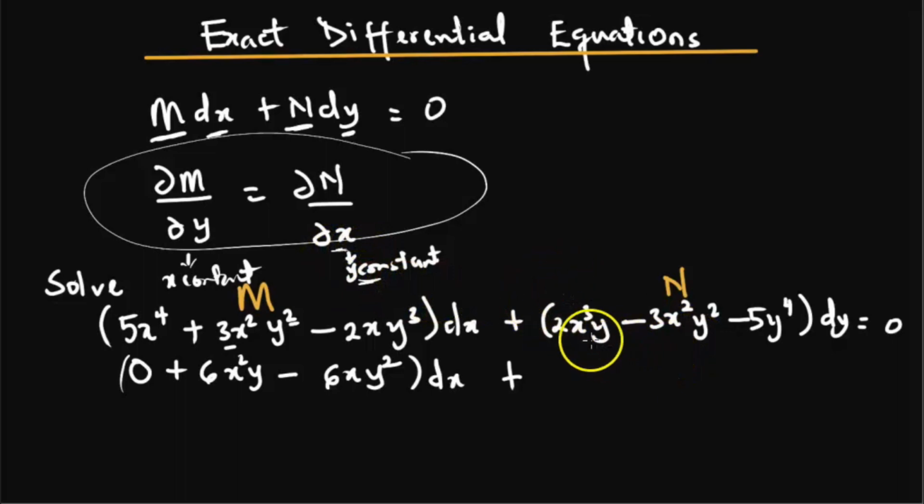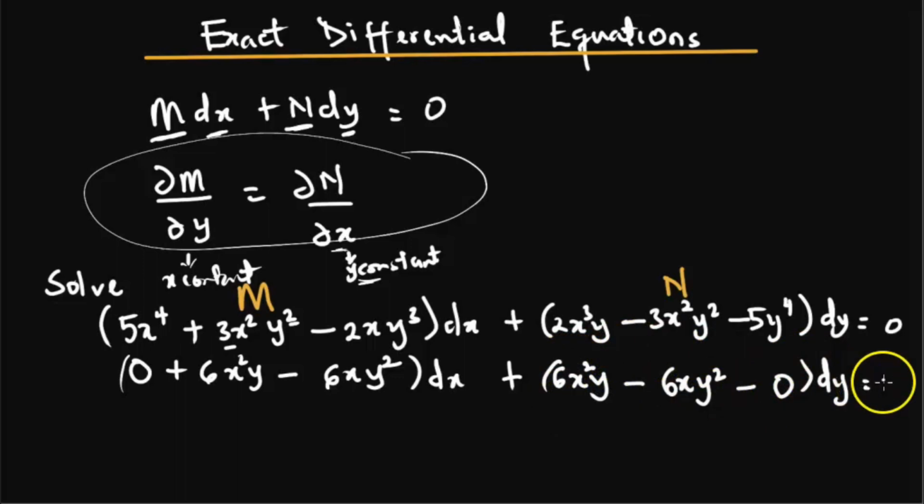When we keep y constant, we have 6x^2y: multiply the power by the coefficient and subtract 1 from the power, keeping y constant. Minus 6xy^2, same thing, since we're keeping y constant. Minus 5y^4, we're keeping y constant, remember, so this becomes a constant, and differentiating a constant gives us 0.